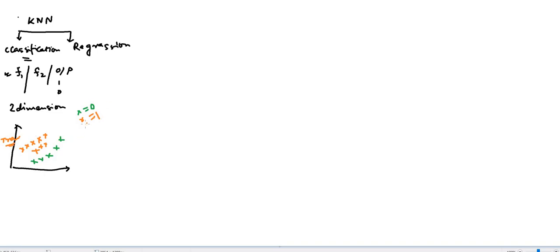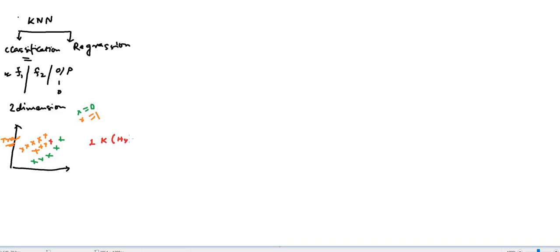Now what will happen when there is a new data point? So for example, let's consider a new data point comes into the picture. Okay, so how does KNN work? If we consider it from a stepwise point of view, when we have the new data point, first we have to identify a k value.